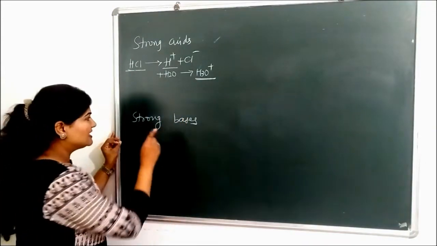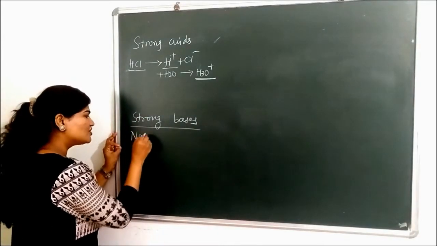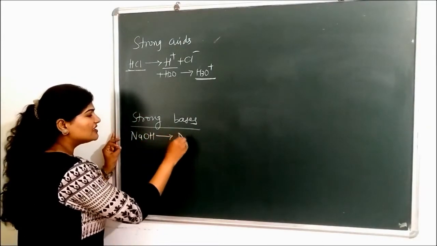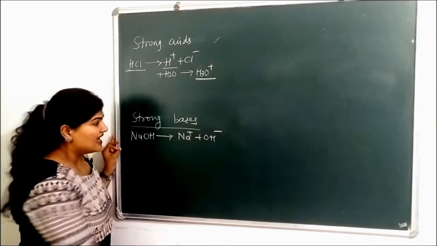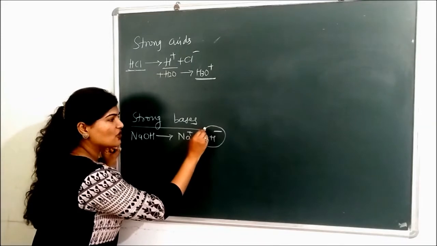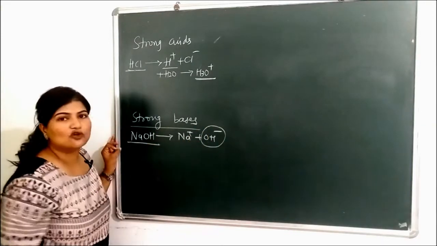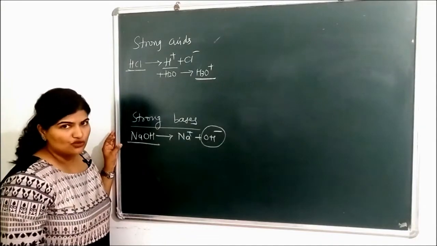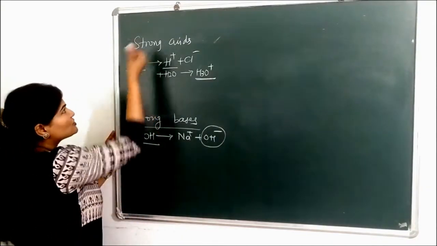Similarly, strong bases are the substances like NaOH which, when dissolved in water, dissociate completely to produce hydroxide ions, and this hydroxide ion concentration will be equal to the initial base concentration dissolved in the solution. So these are strong electrolytes. Let's take some examples of strong acids.